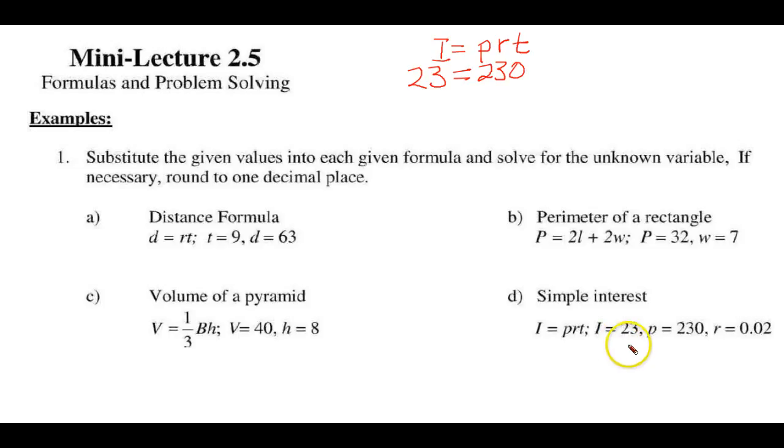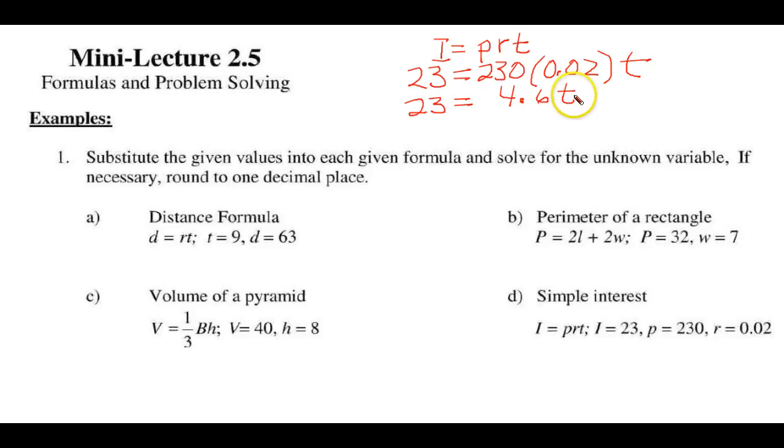The rate is 0.02, and we don't know the time. So what do we do? Well, we can do this multiplication, and this comes out to 4.6 t.